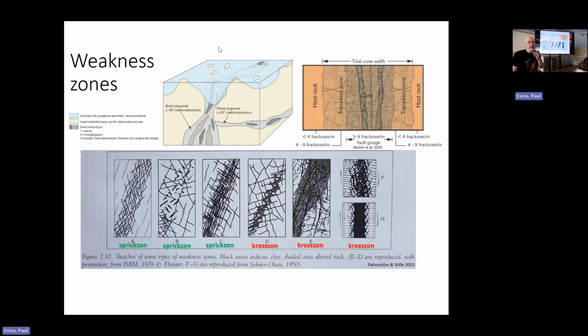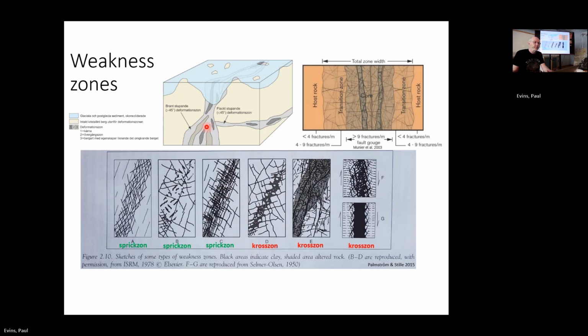And there are different ways to describe them. I've just shown three different models of it. If we take the SKB model here, they point out that weakness zones can have a transition zone. So this is just normal rock, then they have a transition zone, and then they have a core.